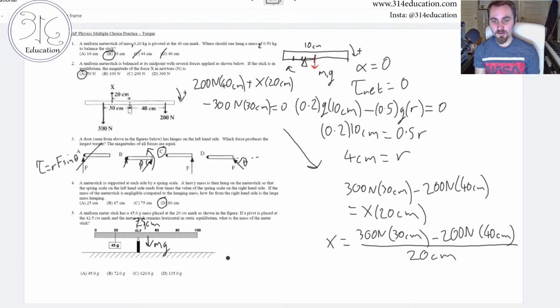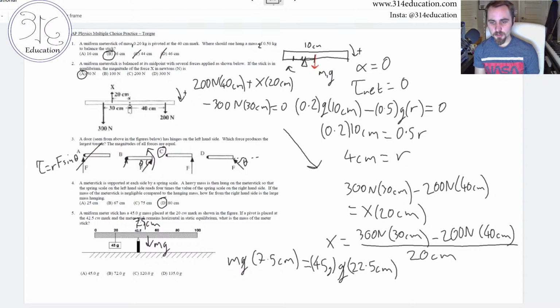And so that tells us that mg times 7.5 centimeters is going to equal our known mass, which is 45 grams times g again. And this is acting at the 20 centimeter mark, from 42.5, so this is 22.5 centimeters from our fulcrum.